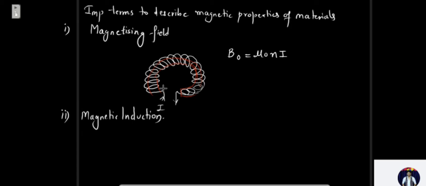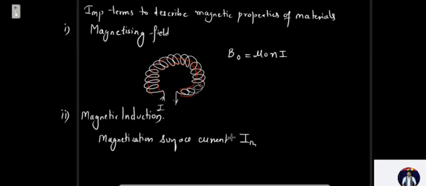They are going to align themselves along or opposite to the magnetizing field B naught, and this is going to give rise to a surface current. If you remember, the name was magnetization surface current, which was denoted by IM.